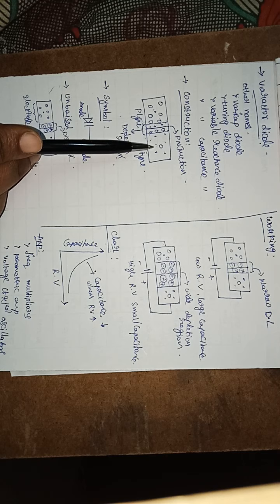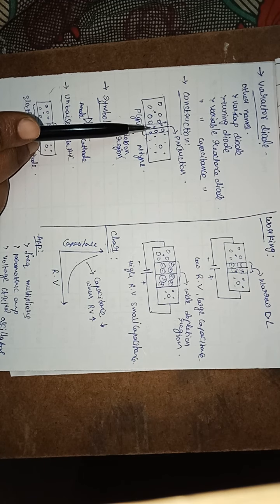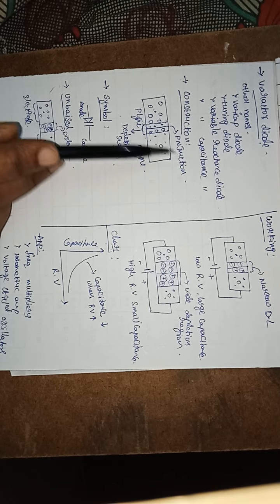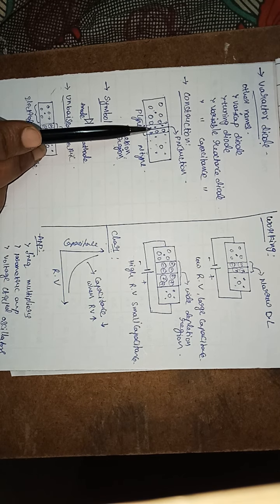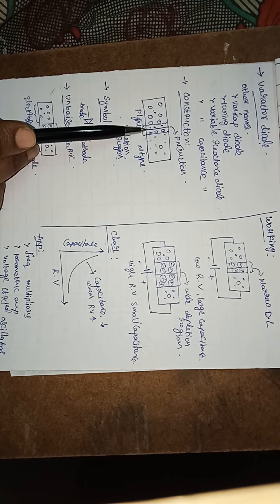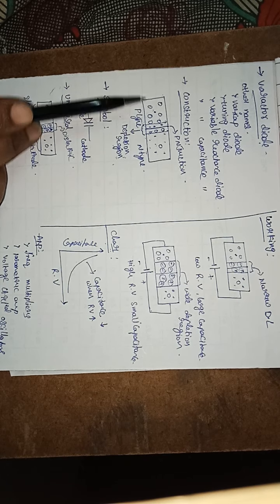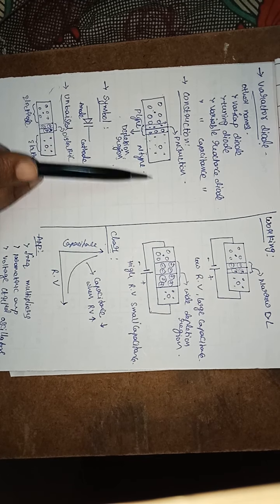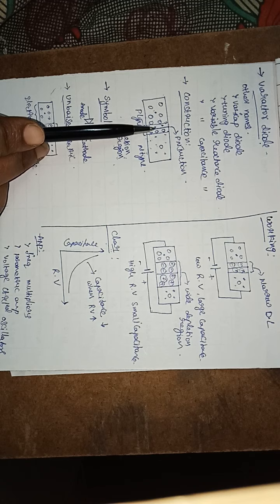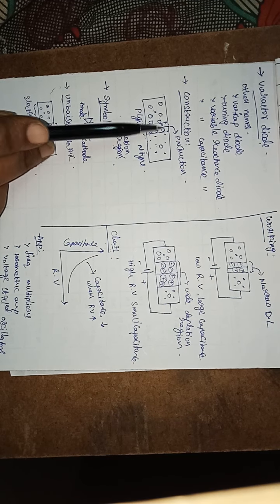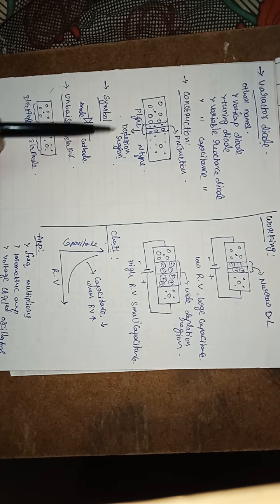When the p-type material and the n-type material are joined together, they form a junction known as a PN junction. This junction separates the p-type material and the n-type material. Near this junction, a layer forms which is known as a depletion layer.